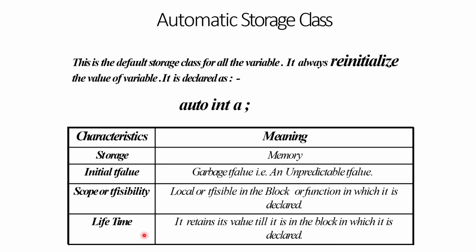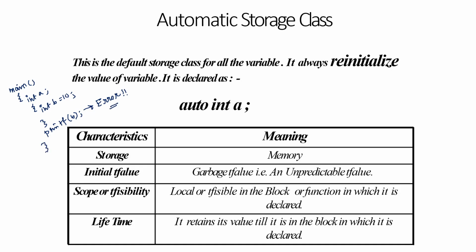So for example, I have written a code like main, within brackets I have written say int a, and within another bracket I have written int b equal to 10, and then if you write printf b, I told you that it will produce an error.